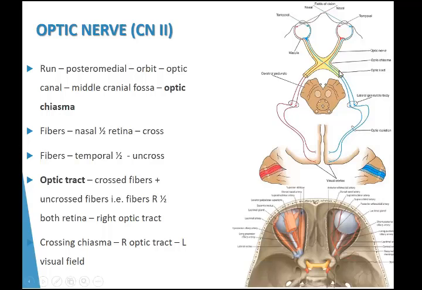Uncrossed fibers ये देख लीजिए, temporal half से uncrossed fibers same side, जबकि nasal half के crossed fibers from the opposite side. अब आ जाते हैं visual field. क्या होता है visual field? बेटा, by definition, visual field is simply when you open your eyes and look straight ahead. सीधा देखें, आंखें खुली हुई हो, जो आपको सामने नजर आ रहा है ना, वो विजुअल फील्ड होता है.